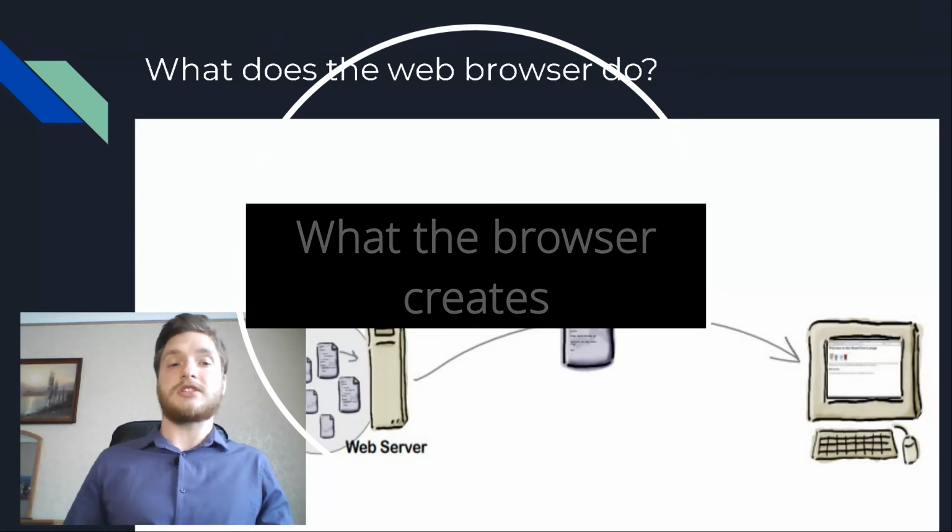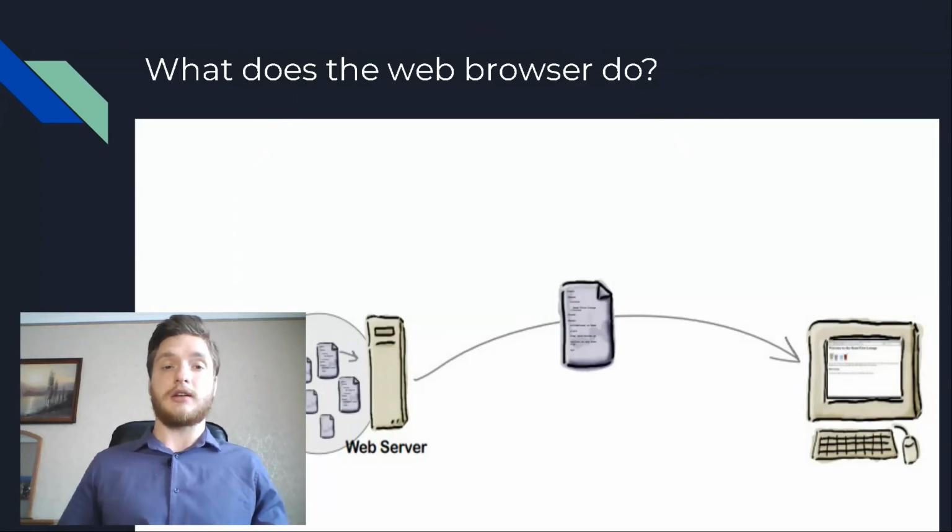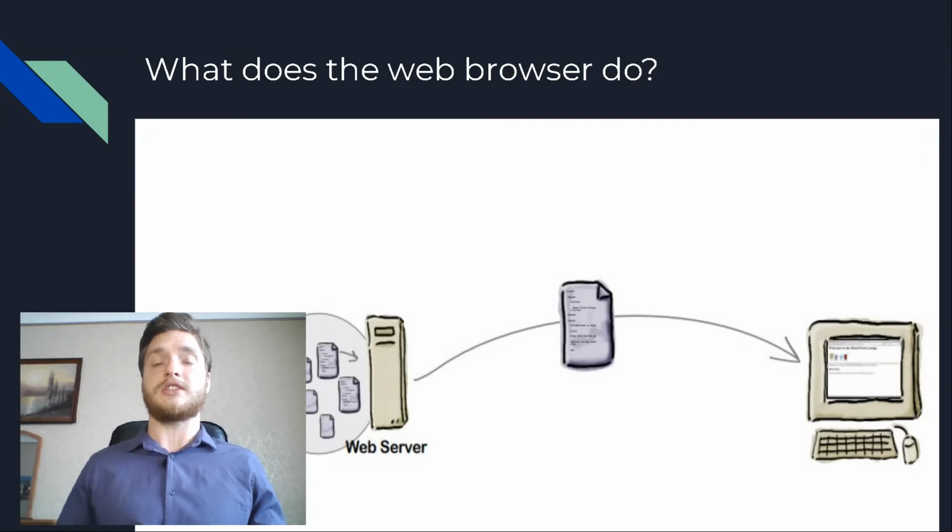What the browser creates. When the browser reads your HTML, it interprets all the tags that surround your text. Tags are just words or characters in angle brackets, like head, p, h1, and so on. The tags tell the browser about the structure and meaning of your text.